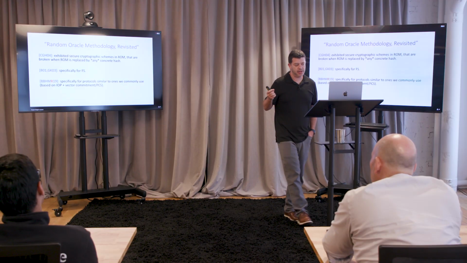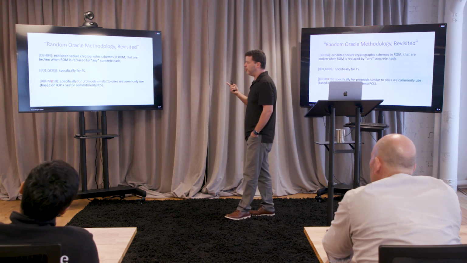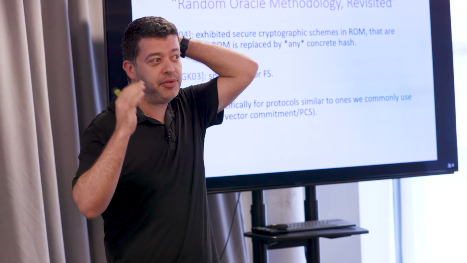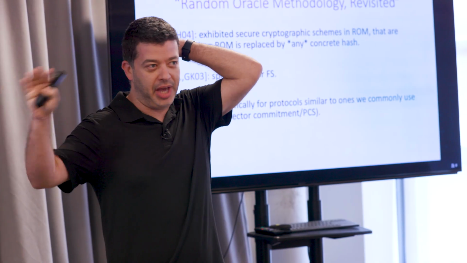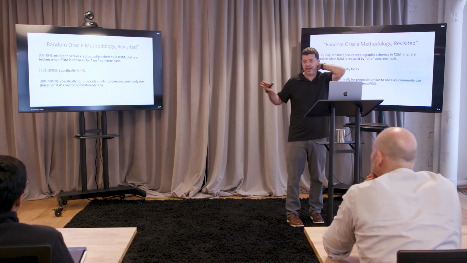More recently, in joint work with my student Ron Rothblum and Bertusek, Justin Holmgren, and Fermi Ma, we showed that if you look specifically at how hash-based SNARKs are constructed, namely take something like a PCP or IOP and compile it with a vector commitment, even for that type of construction, we have an attack, which seems more concerning, and I think it is. However, still we had a contrived component.